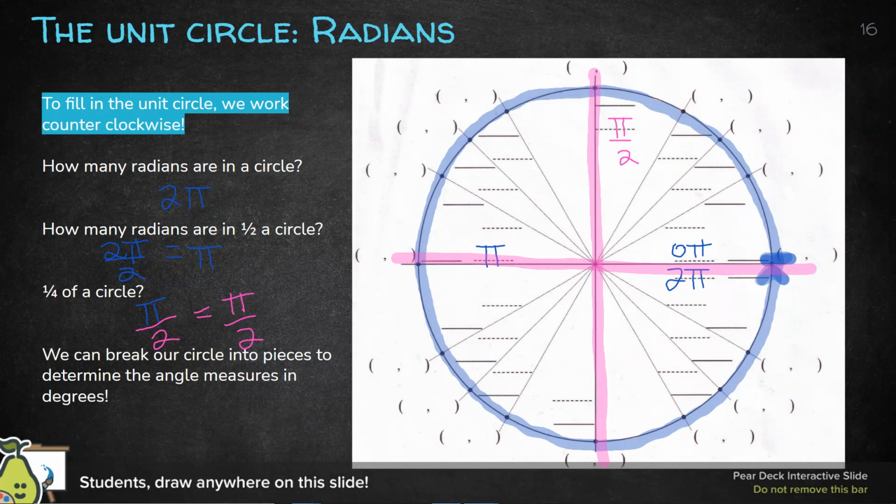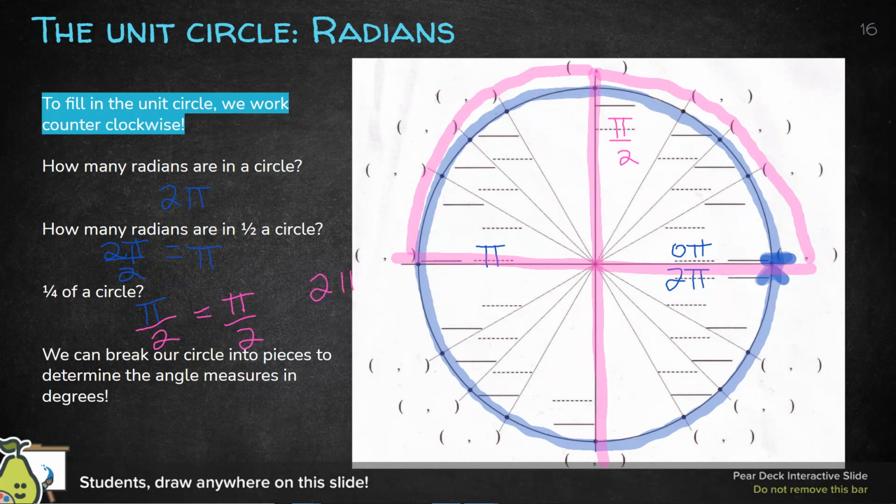Okay, so if that is 1 pi over 2, kind of like we were thinking of the rotations with degrees, right? Now a quarter of my radian pizza, the arc length of a quarter of my pizza, is pi over 2. A second quarter of my pizza is 2 pi over 2, and that just reduces to pi.